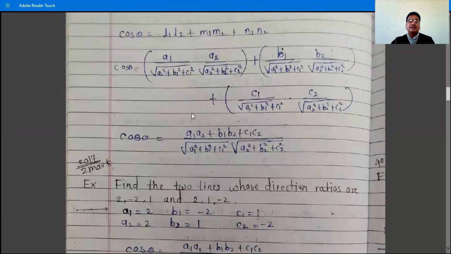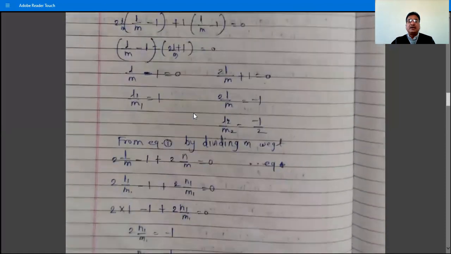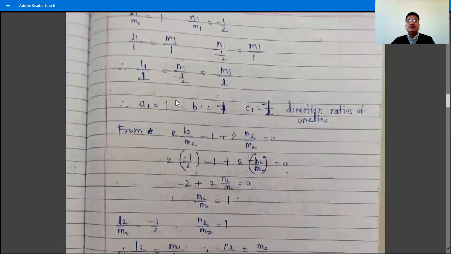Therefore these three numbers, 1, 1 and minus half, are the direction ratios of one of the two lines.